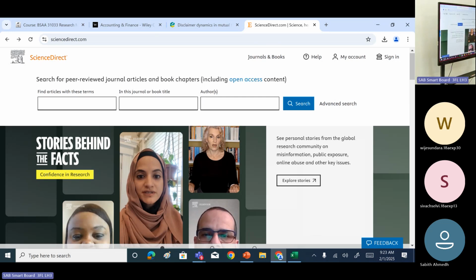How can you search here? You type the area you are interested in. If it is corporate governance, you type corporate governance.